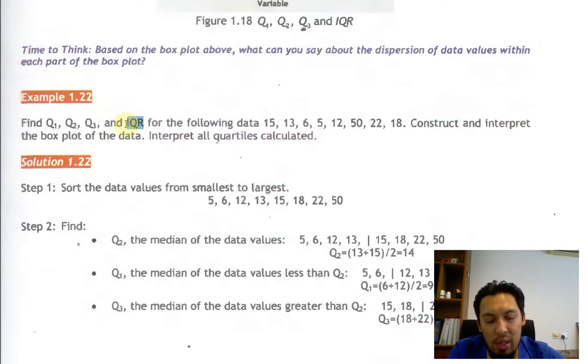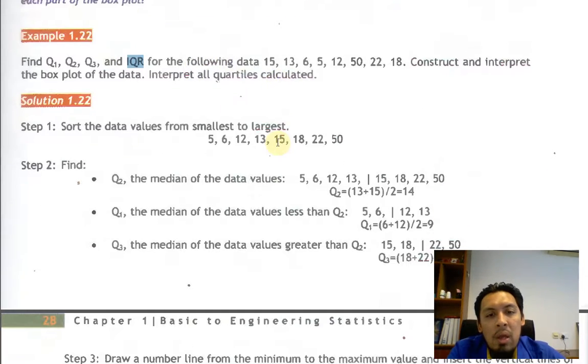IQR stands for interquartile range, which is part of the measures of dispersion, a range that can only be found by subtracting between quartiles. That's why it is called interquartile range. So they find out the Q2, the second quartile.